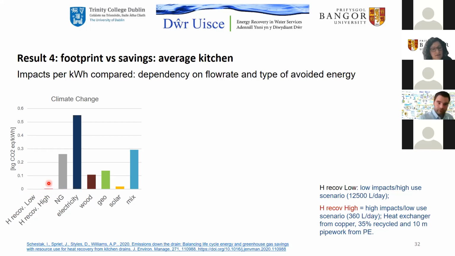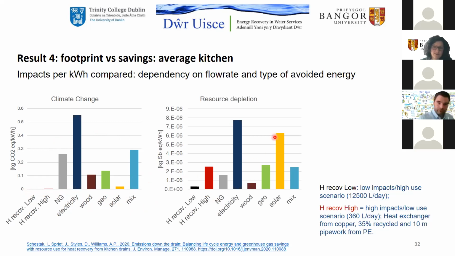Then I have another example with very low flow rates and so a much higher environmental footprint for recovering heat. But the good news is that no matter if my kitchen is small or big, it's still competitive recovering heat versus using the heat from other resources. So even if I have renewable energy heating the water in my kitchen, it makes sense to recover heat.